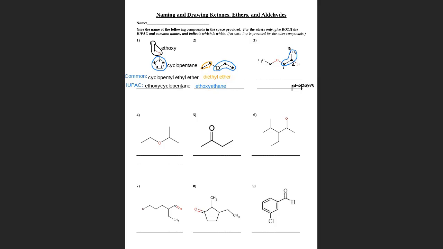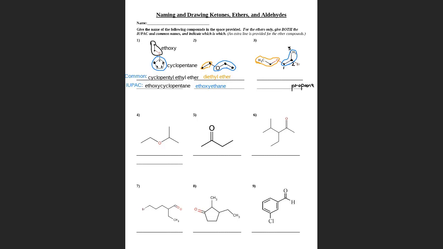Methyl? No. How many carbons is it? Oh, ethyl. But it also has an oxygen as part of it, right? So it's that ethoxy again? Exactly, it's going to be ethoxy. We also have a bromo group, and we don't give priority to any group, even if it's an ether group or an ethoxy group. We just list it in alphabetical order.